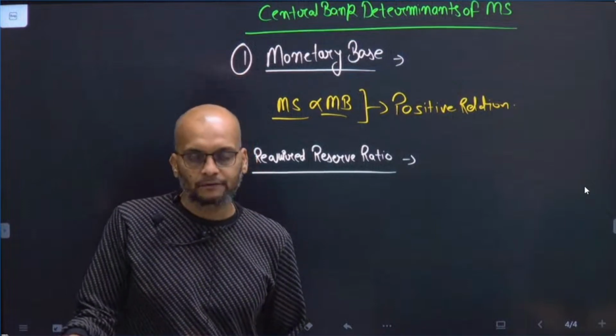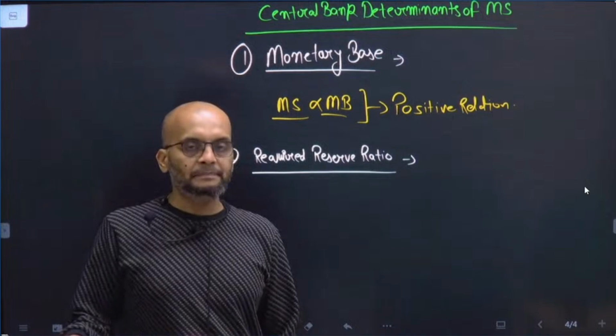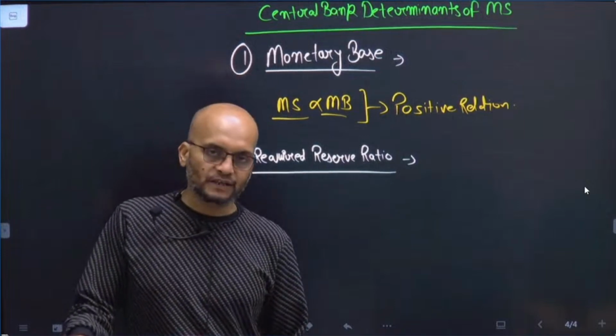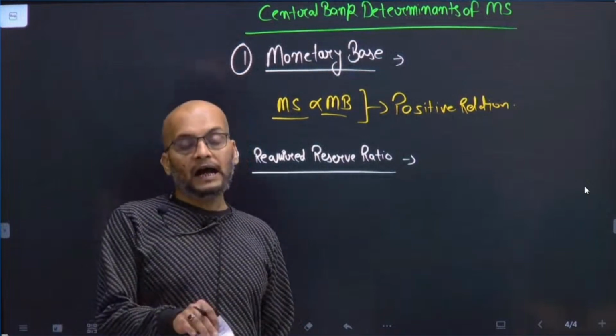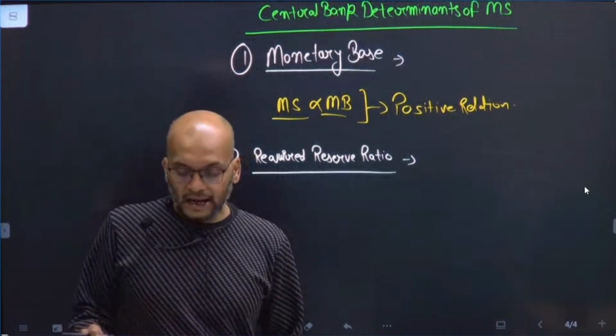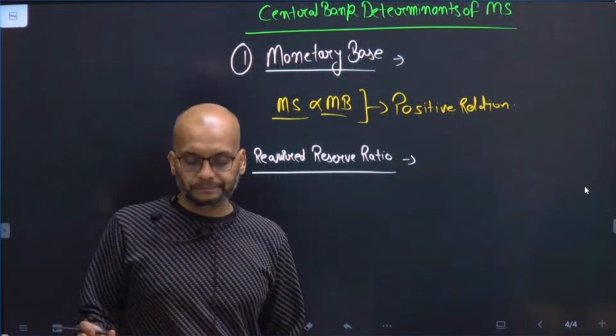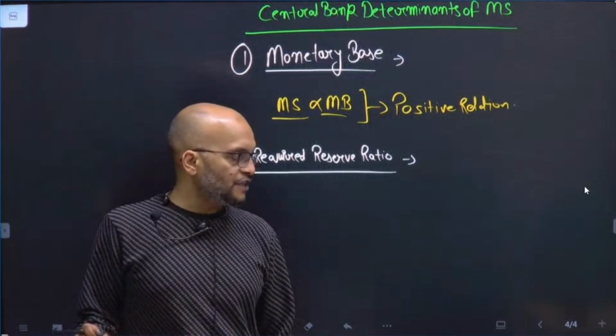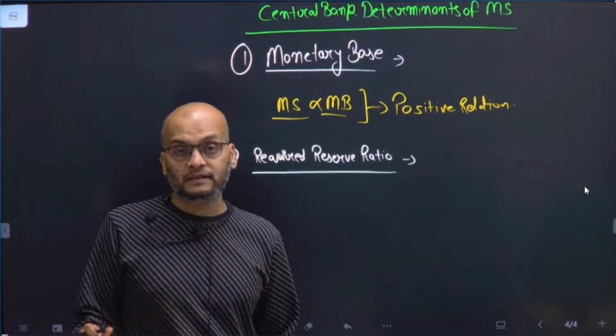What is money multiplier? We already know, yeah? CD plus 1 upon CD plus RR plus CD. So this entire thing will change. RBI can change the money supply and money multiplier by changing the required reserve ratio.